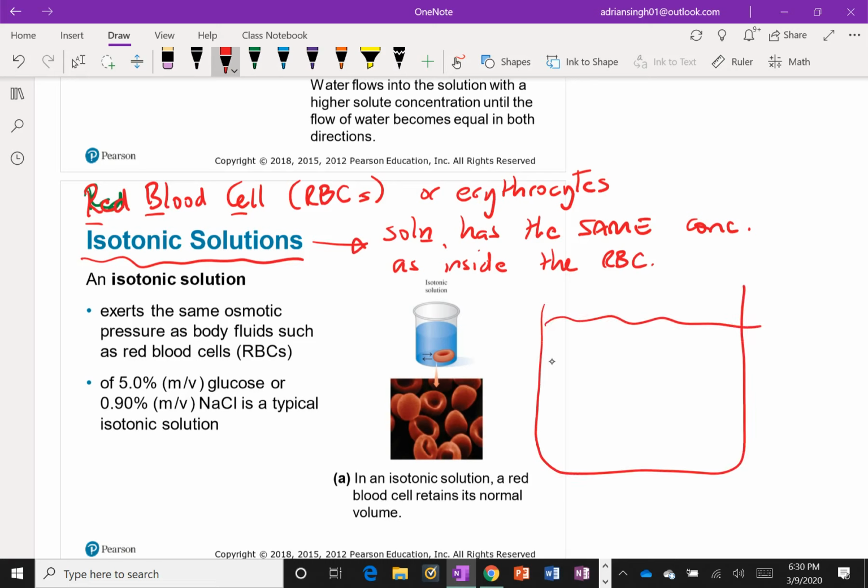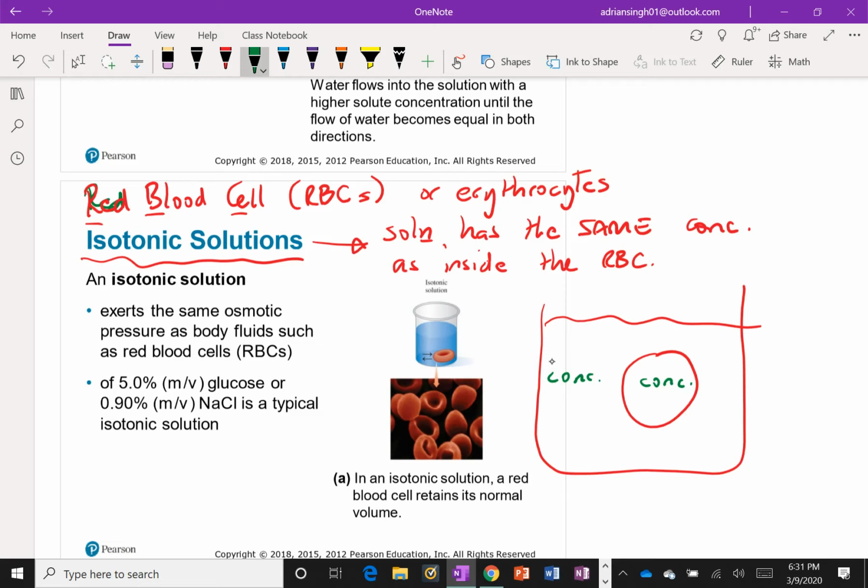There's our solution, there's the red blood cell. All right, so the concentration on the outside is the same as the concentration as the inside of the red blood cell. So we said water moves from low solute concentration to high solute concentration. So is there a difference in concentration in this case? No. So in which direction will water move?